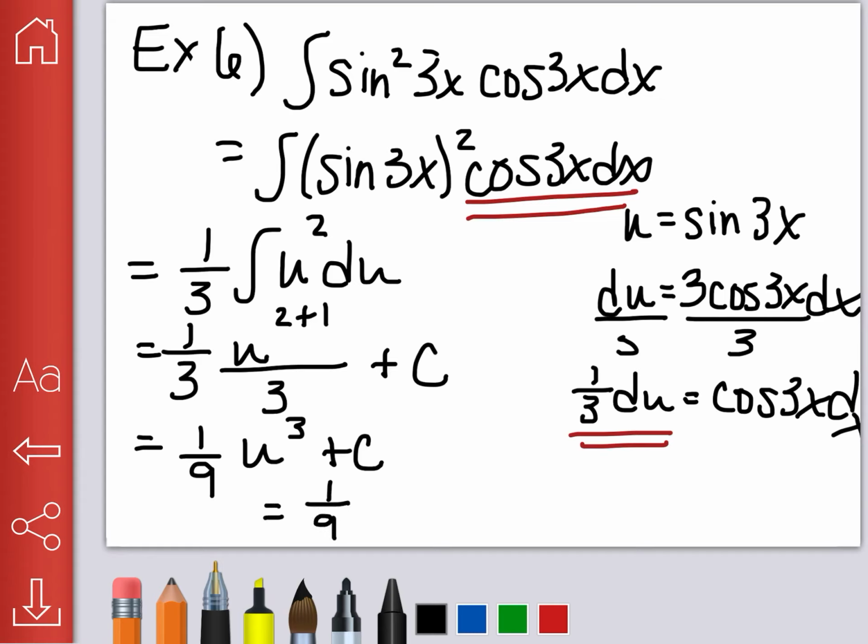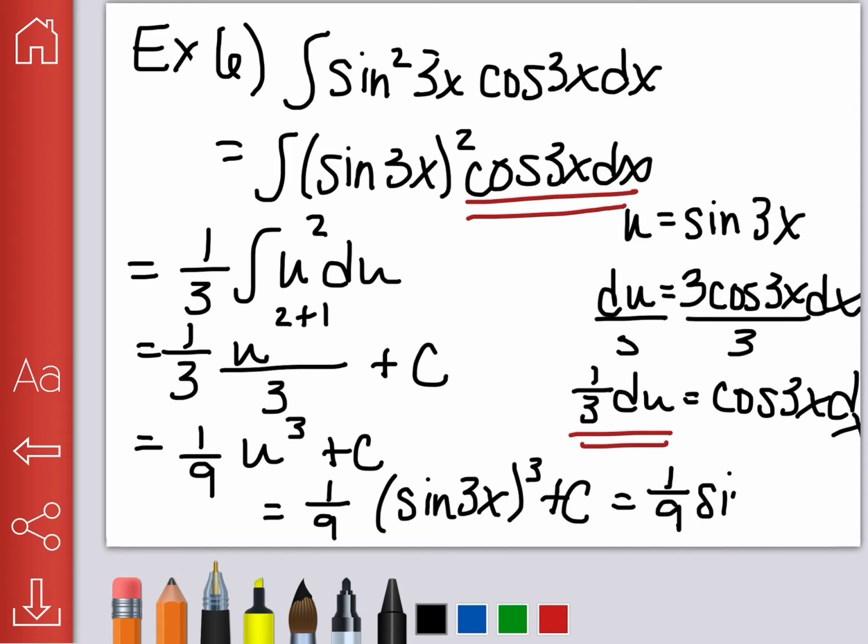But my u is sine 3x. And to write that a little bit neater, I'm going to write sine cubed 3x. And that's where I'm going to end it for this video.